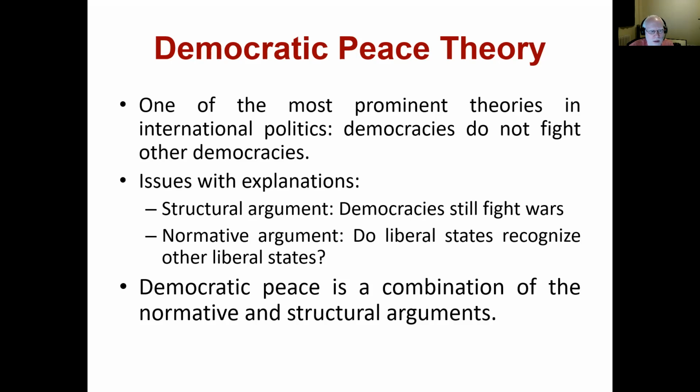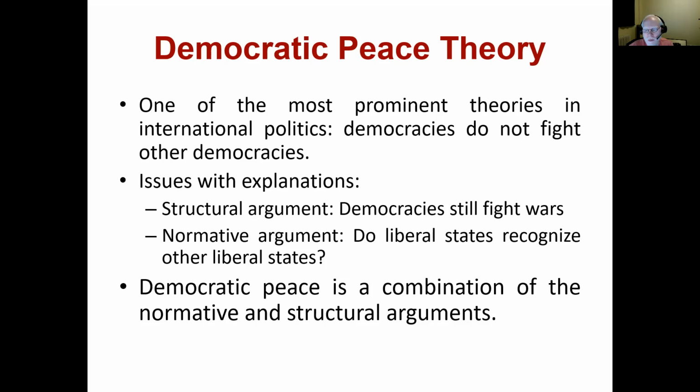Now there are issues with some of the individual explanations. The structural one says that the public pays the cost of war, and so they'll constrain the leaders. The problem with this argument is that democracies still fight wars against illiberal regimes.